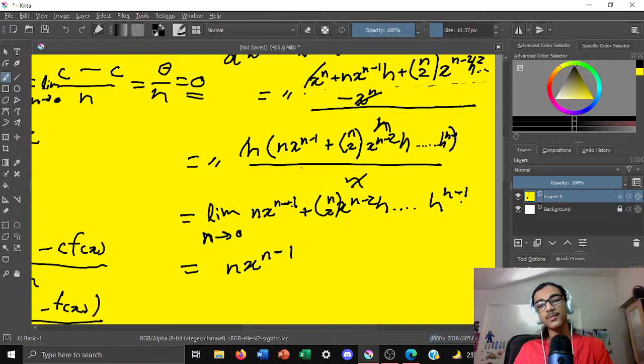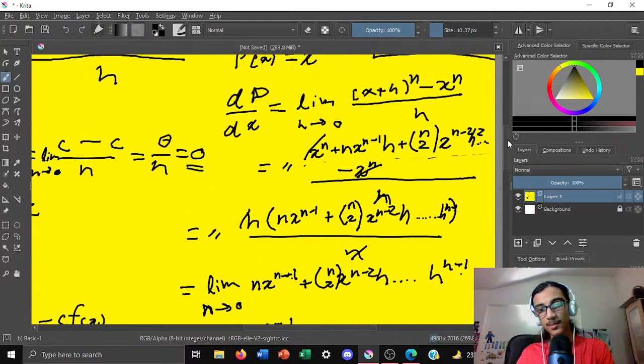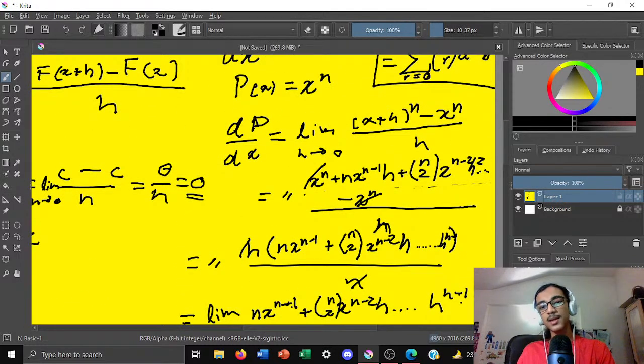So another simpler way to recap, right? In the binomial expansion theorem, the first term is x to the power n, the second term is nx to the power n minus 1 h, and then you have a bunch of other terms which include h: h squared, h cubed, and so on, until you reach h to the power n. Firstly, the x to the power n terms cancel, and we take h common.